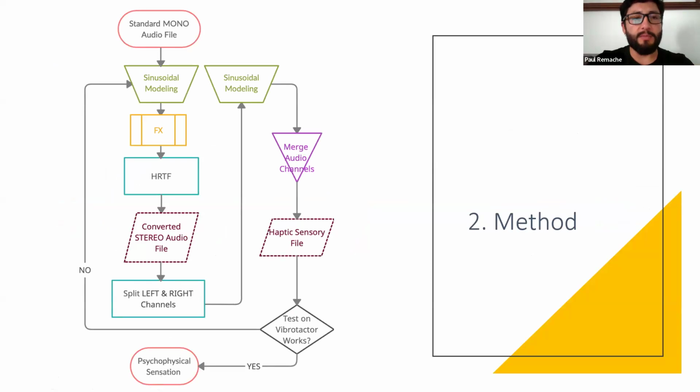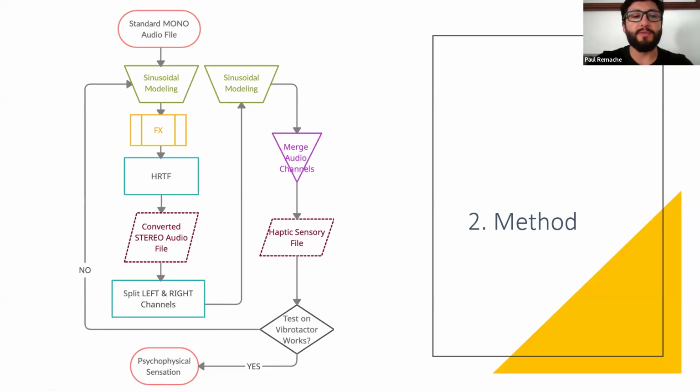We start with a monophonic audio file, which means that it has only one channel or one signal. Then we apply a sinusoidal modeling that I will explain later. Then we add some effects. Then we use the head-related transfer function to spatialize the sound, and then we convert it to stereo audio.